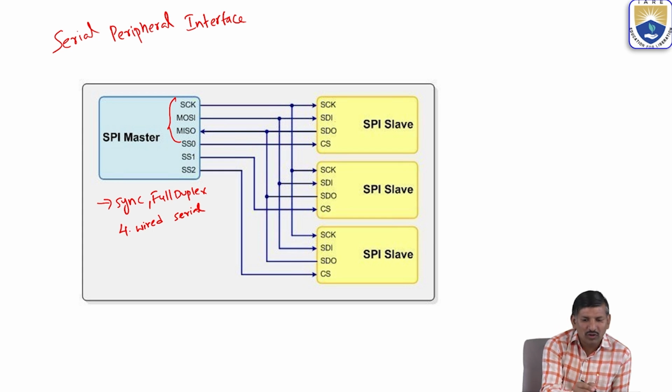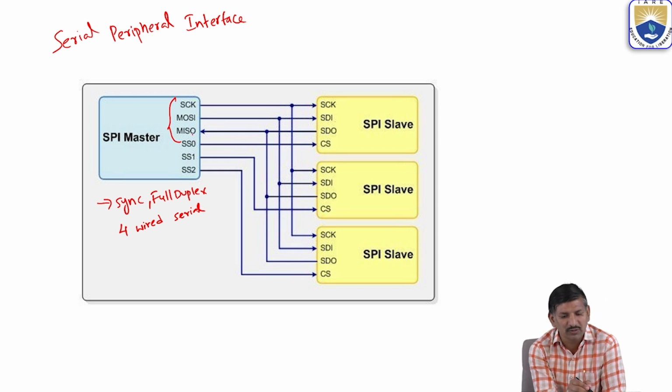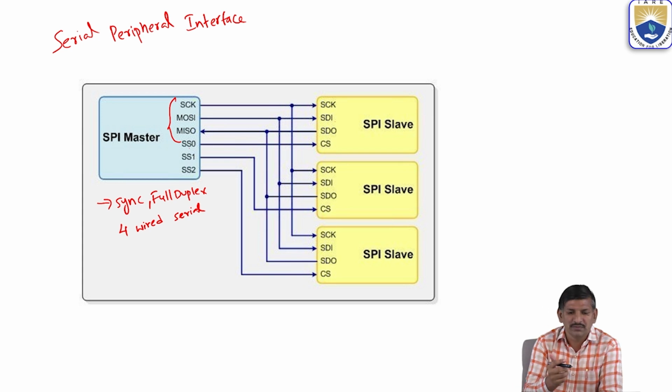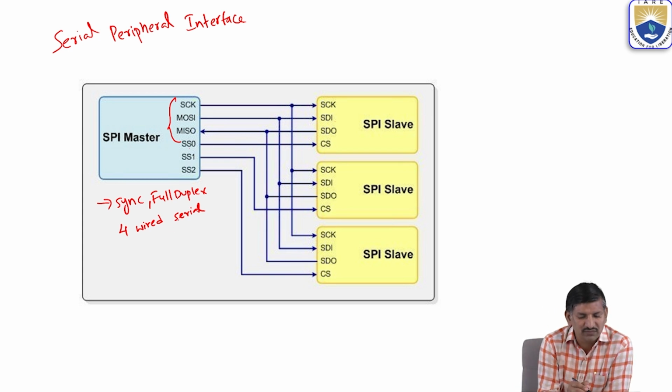Four-wire means it contains serial clock line, master output slave input, master input slave output, and slave select. Here slave select is for choosing which device I want to interact with, to which device I want to share the information. That is 4. It works on the principle of shift registers.